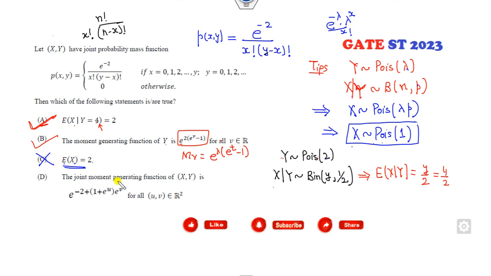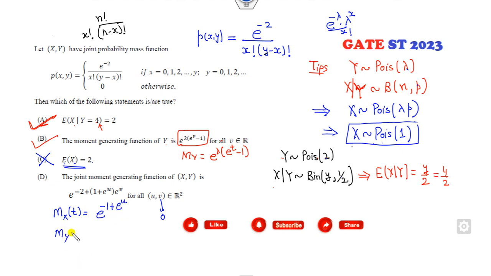Okay, look at the last option, the joint density function. You can check it easily. Can you find the moment generating function of x? How can you do it? I can choose v as 0. If you substitute v as 0, it will be e raised to power 0, which is 1. Fine. So it will be e raised to power minus 1 plus e raised to power u.